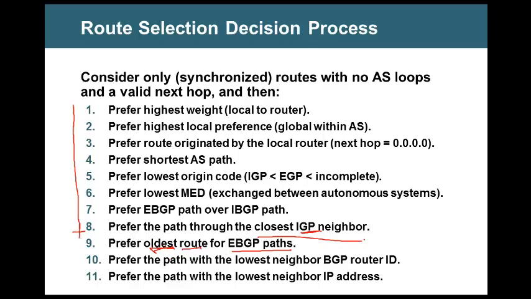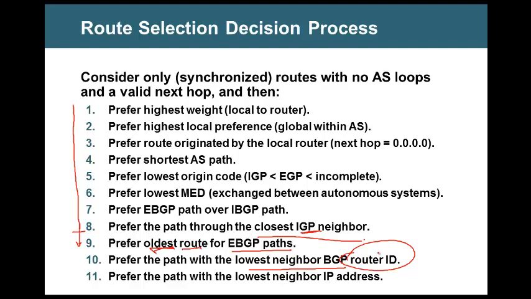Even if there is a tie in that, there is very little chance of that. Let's assume there is a tie. Then it prefers the lowest neighbor BGP router ID. Mostly the router IDs will be different.